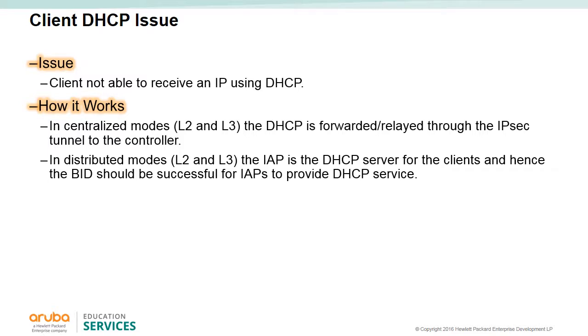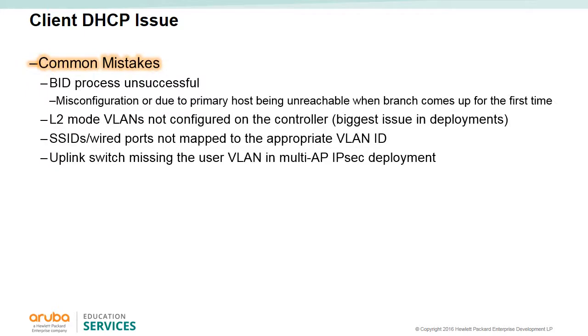Finally, in local mode, the IAP acts as the DHCP server for clients, and for local mode to provide DHCP services, the IAP is not required to go through the bid process. For distributed mode, if the bid fails, then no IP address is given.